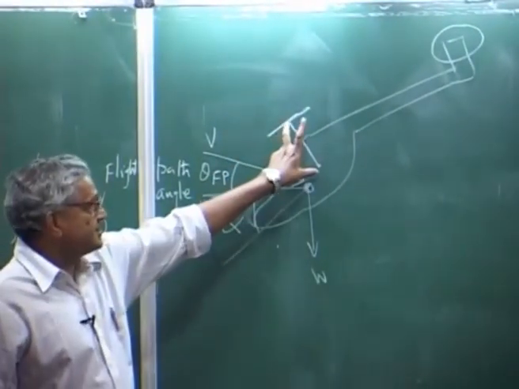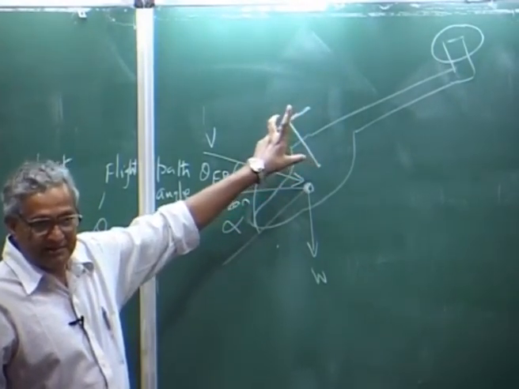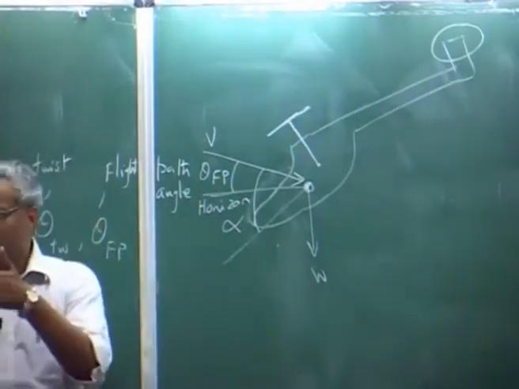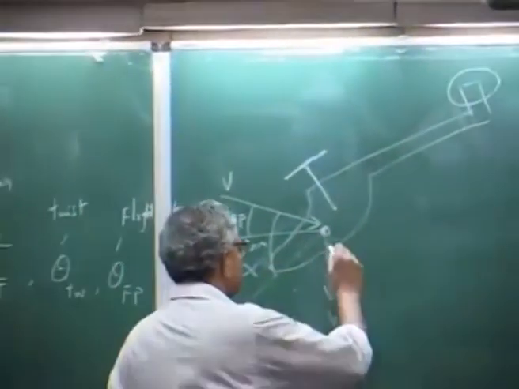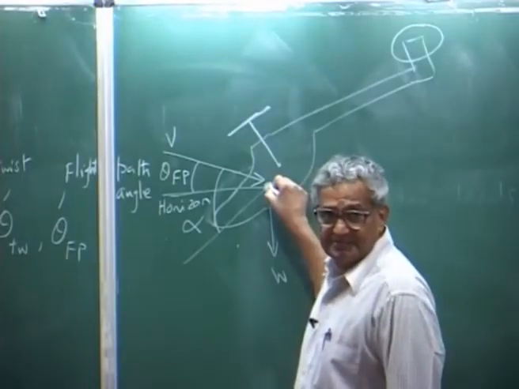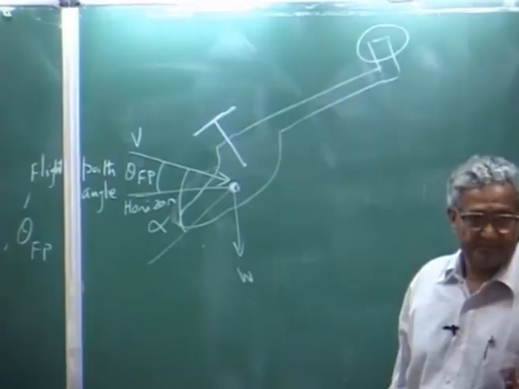Now, if the shaft is perpendicular to the body fixed coordinate system, then it is fine, because this will be 90 degrees, because you can have fuselage axis system and that will be same as hub axis system.